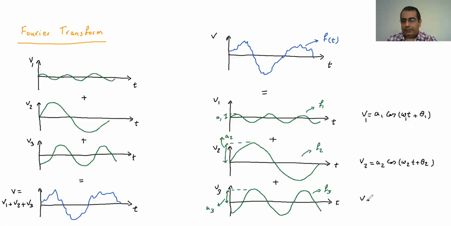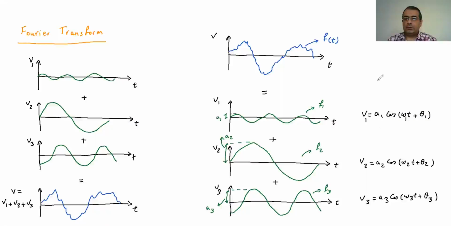And V3 is A3 cosine omega 3 t plus theta 3. Because these are cosine waves, I can write them like this.